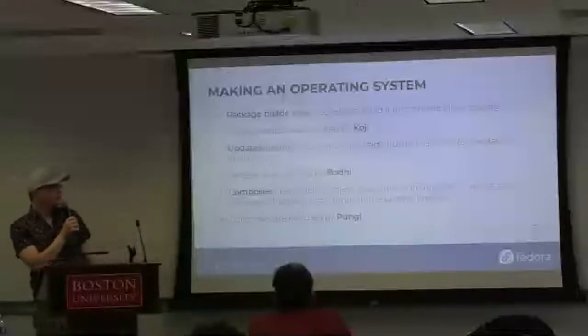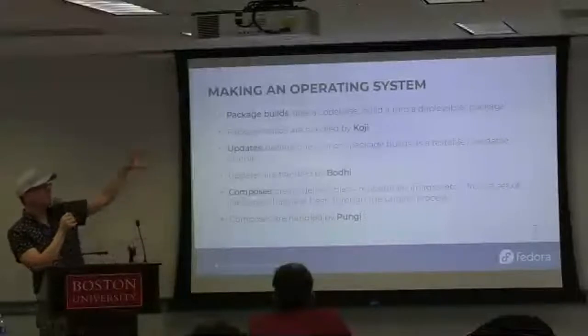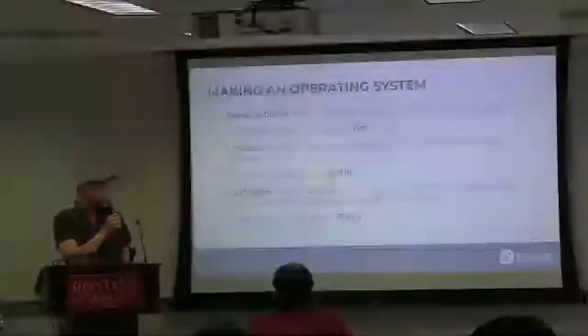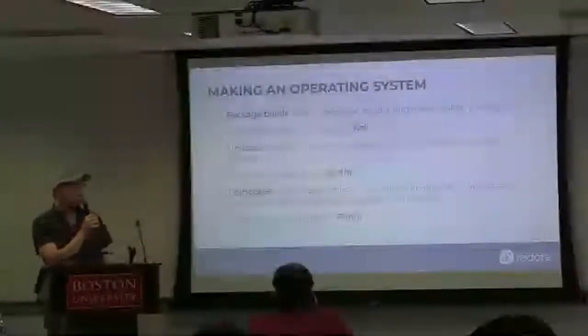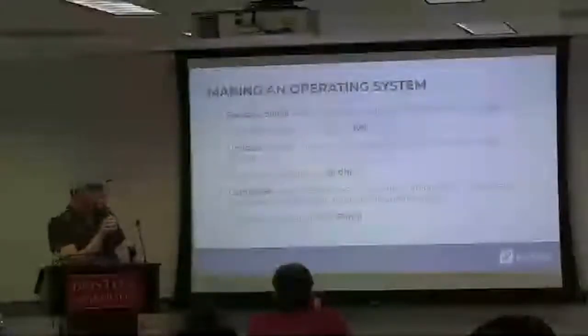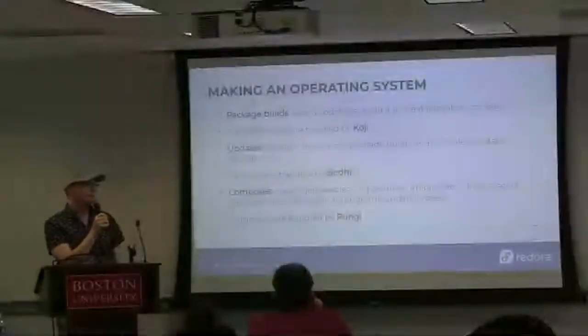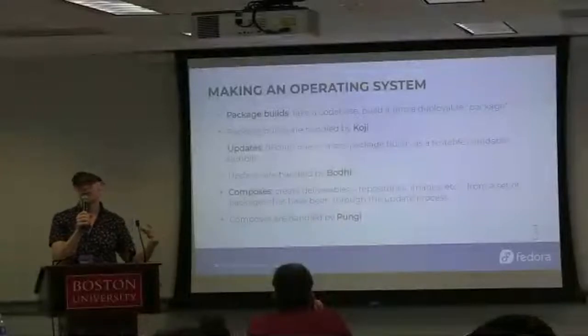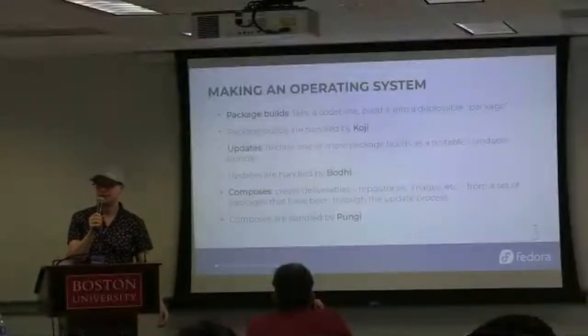And a compose is when you take all these little packages, these little nuggets, and you turn them into more useful things. If I give you a directory full of 5,000 packages, you can't turn it into a computer that's usable. So instead, we give you images that you can install from. We give you repositories that you can download updates from.